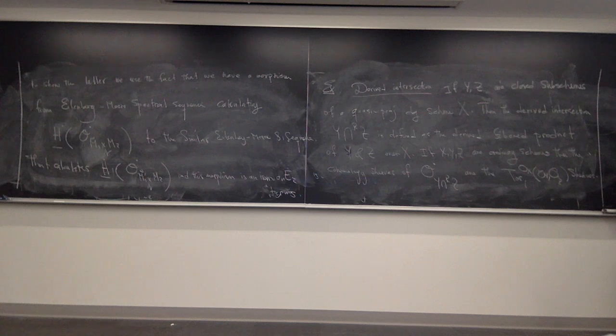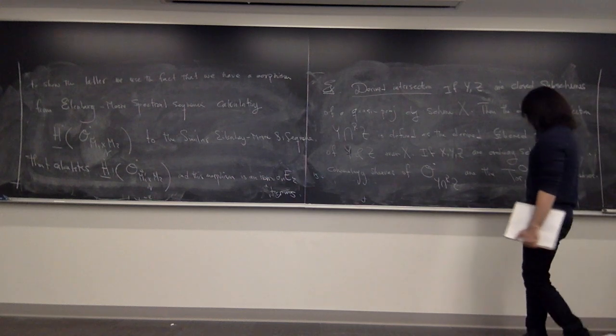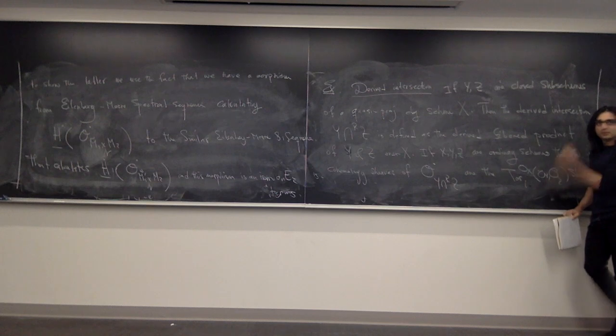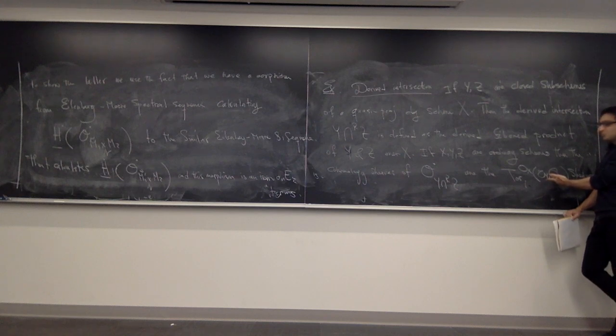You have two subschemes in an ambient scheme. They are intersecting. If they are intersecting transversely, Tor 0 of this is just a normal intersection of the algebra of these two things.